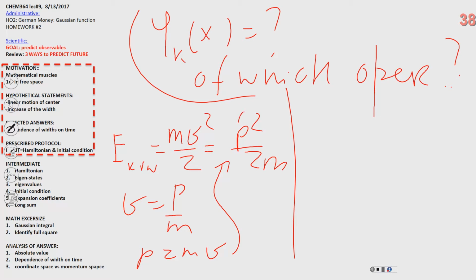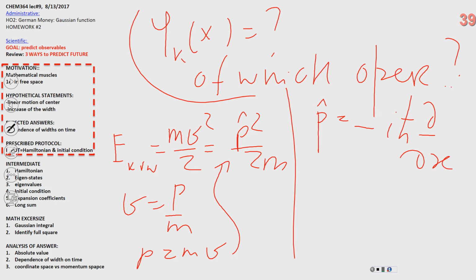We always want to add a hat on top. So what is the momentum operator? So negative i h-bar derivative with respect to space. It's the only thing that you need to memorize. The rest we will derive. Okay.